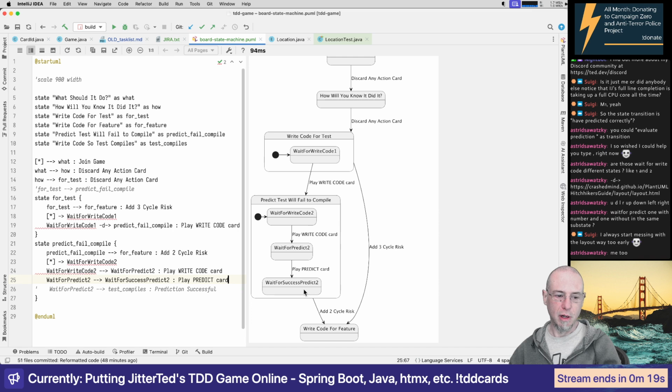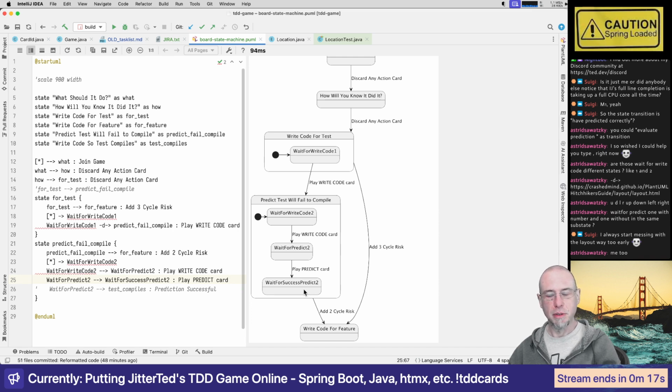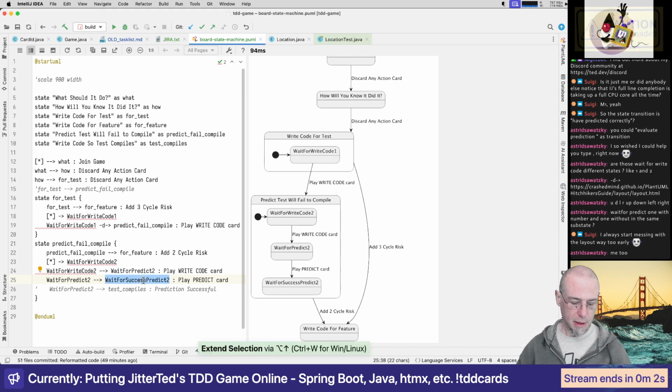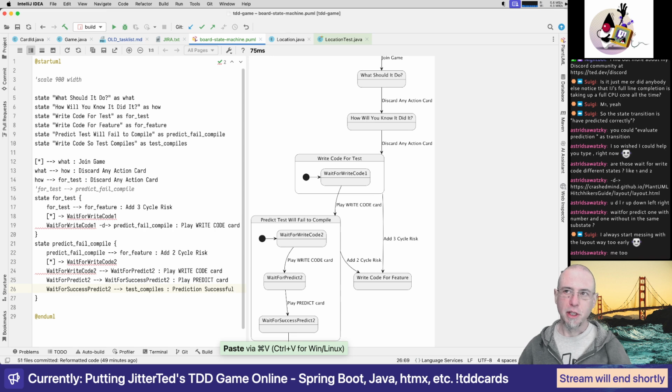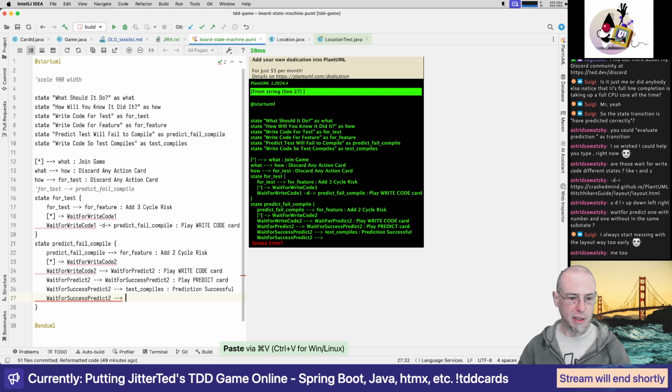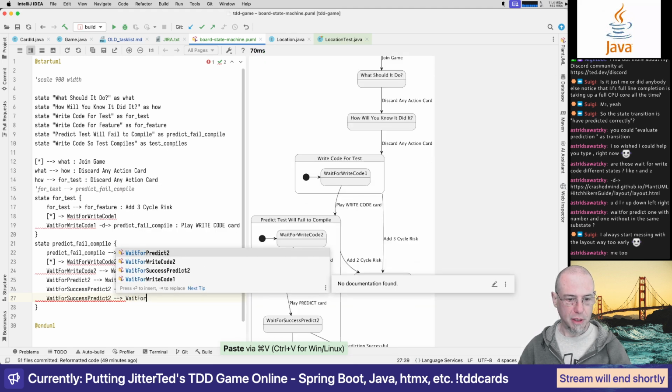Now we're waiting for a successful prediction. That's when our random number generator says yes or no. If the prediction is successful, then you go to the next step. If it is not successful, you end up back at wait for predict 2.